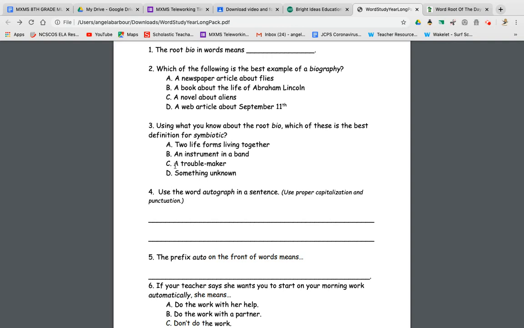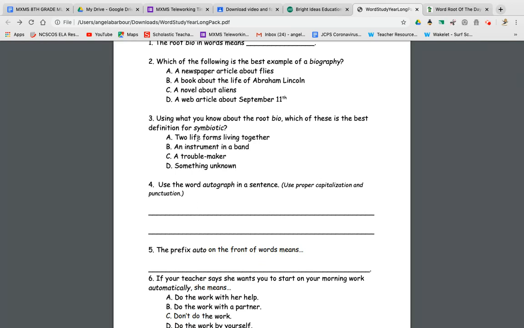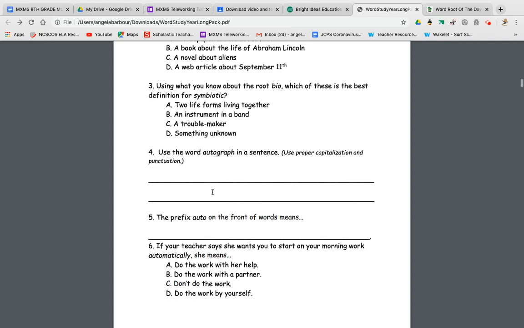So then I come down here and I look at all these answers: something unknown, troublemaker, an instrument in a band, two life forms living together. Two life forms right here. So here we have the correct answer, right? You see how we may not know what this word means, but because we know what the root word means, we know that it has to be something that revolves around life. All right.